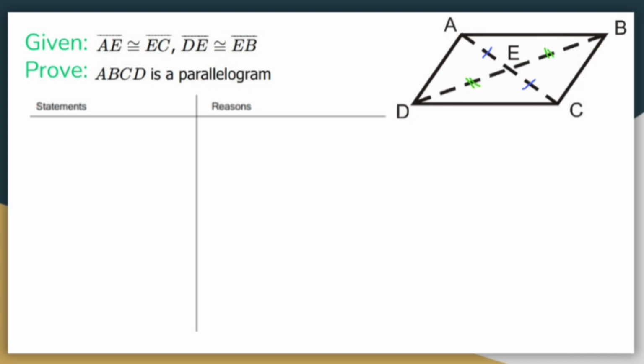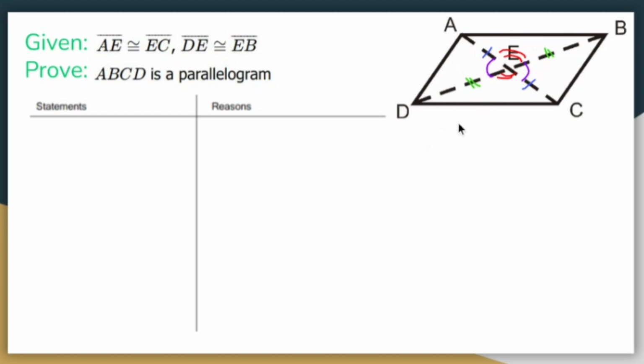So I'm going to do the sides thing because I'm given a lot of information about the sides. The way this picture is set up, I have four triangles. I'm given the fact that these two sides are the same, these two sides are the same, these guys cross in the middle, so I can say that these guys are the same. What color didn't I use yet? Red. These guys are the same.